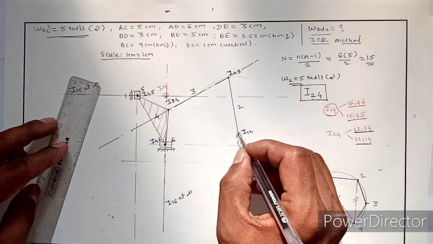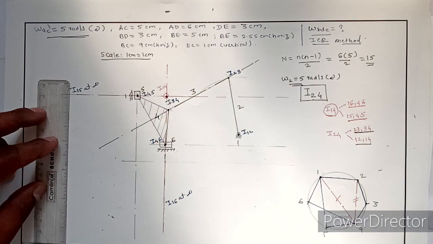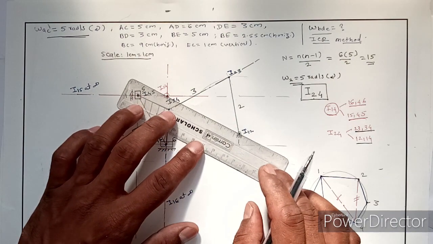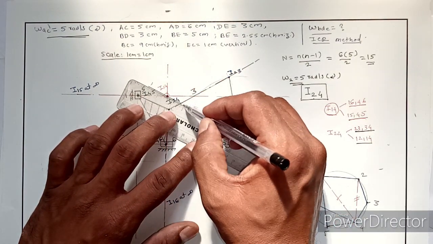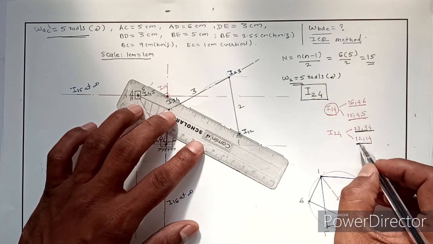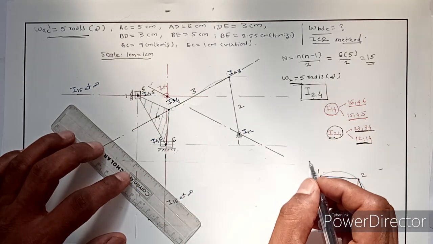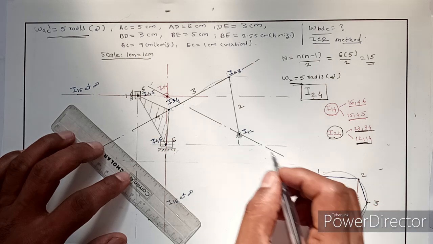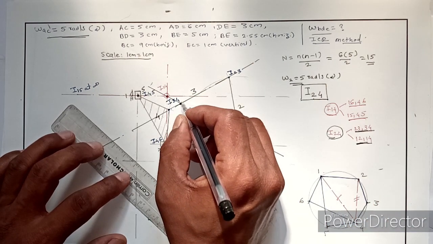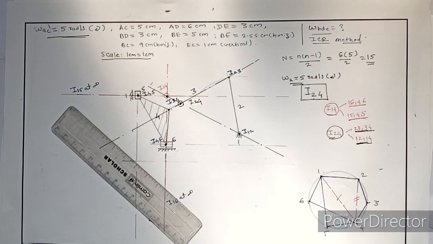So here is 1 2 and here is 1 4. So we'll produce this line. This is my second line. These two lines will intersect at I24. So the first line and second line intersect here, and this is my I24, which is the required IC.